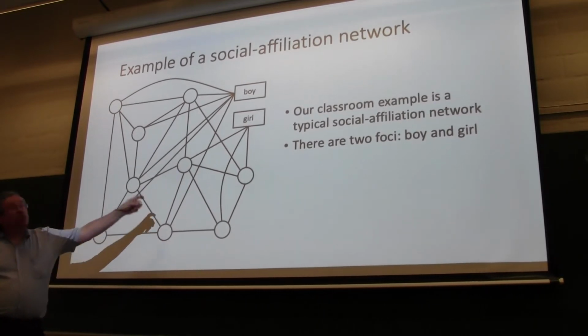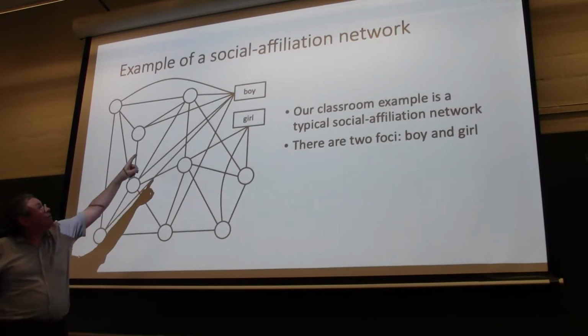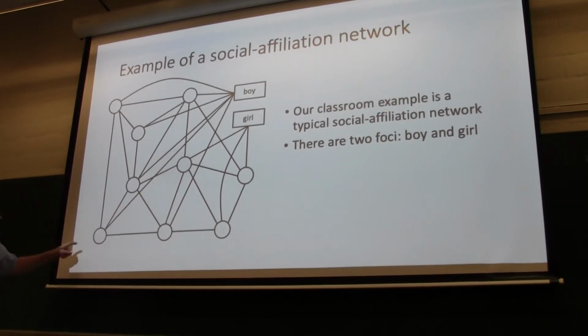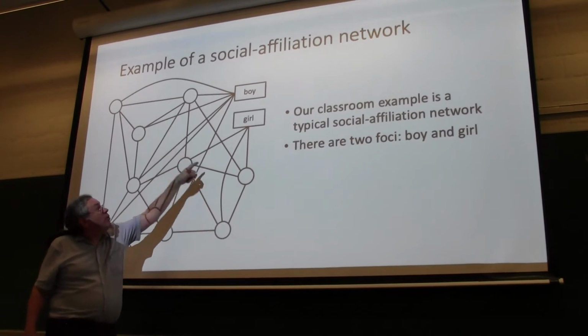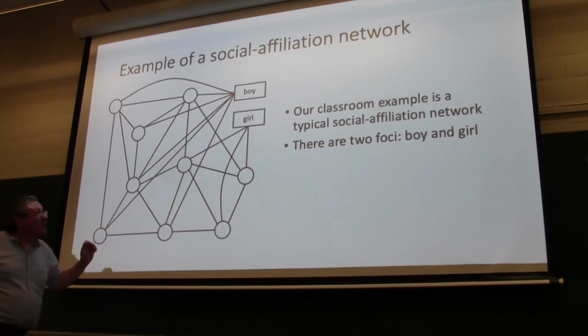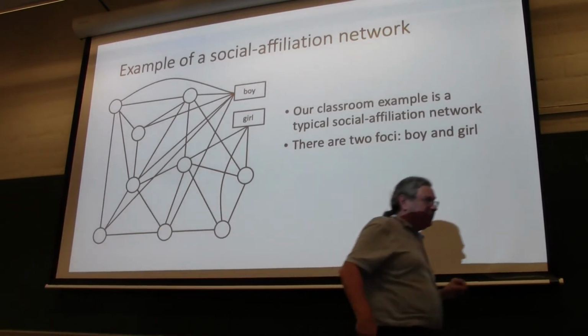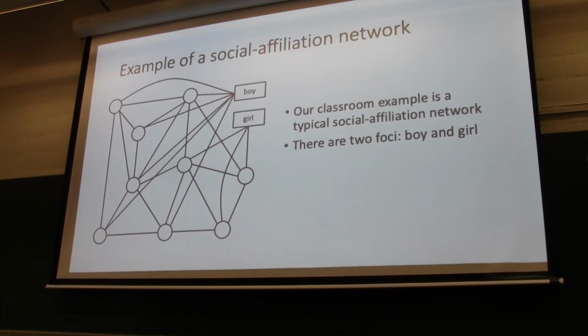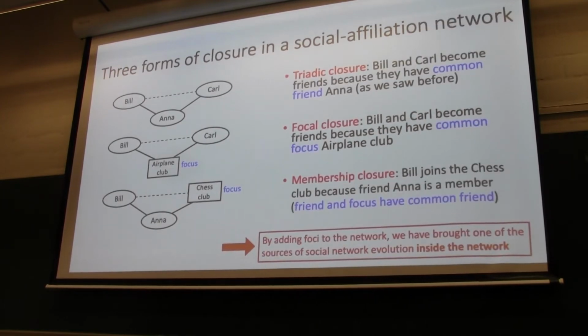But that means there are actually two foci: a boy focus and a girl focus. And each node has a connection to either boy or girl, okay? So it's actually already a social affiliation network. I'm going to give you more examples of this network, but first of all, I want to show you how these networks can evolve.